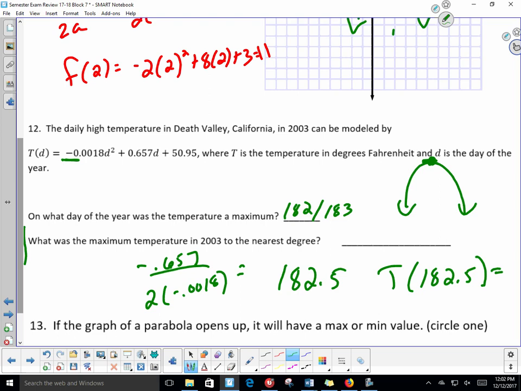Blake, what'd you get? I just put it in, or I would put it in, I didn't do it. You didn't do it? Did anyone do it? Is anyone going to do it? You're putting 182.5 in for D in this equation.